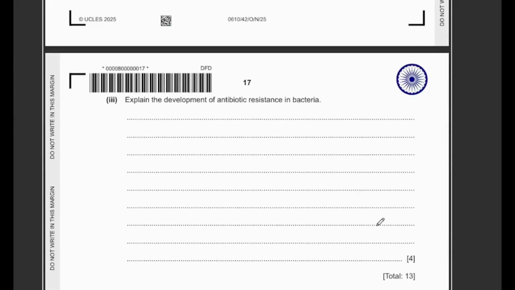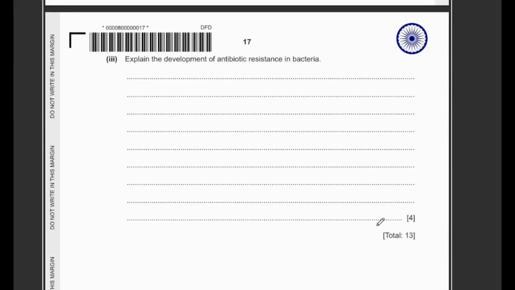Next one: explain the development of antibiotic resistance in bacteria. How does it increase its resistance? Bacteria are exposed to the same antibiotics for a long time.